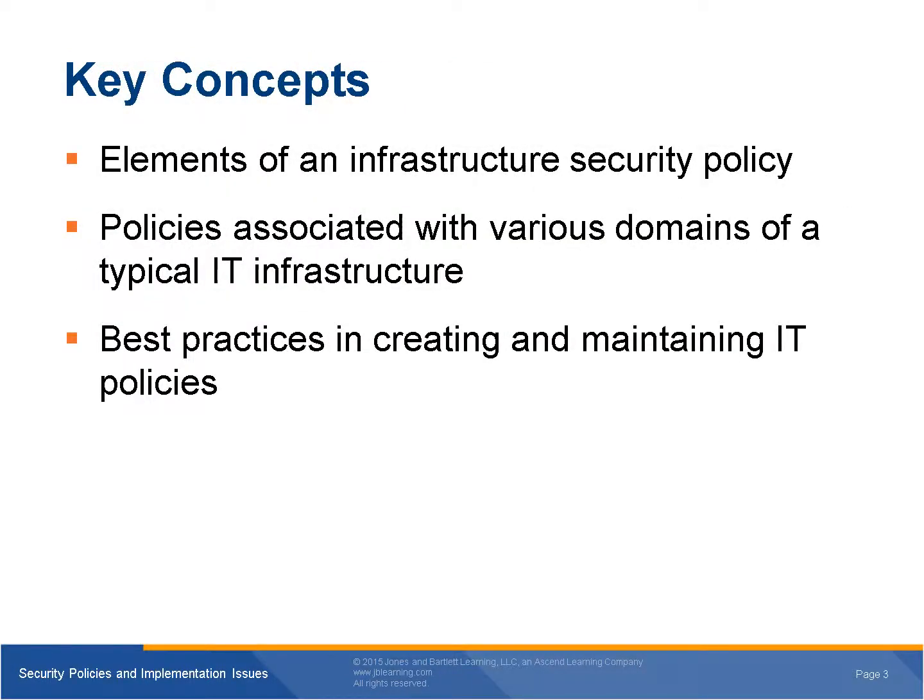So the key concepts from this chapter will be elements of an infrastructure security policy, policies associated with various domains of a typical IT infrastructure, and best practices in creating and maintaining IT policies.